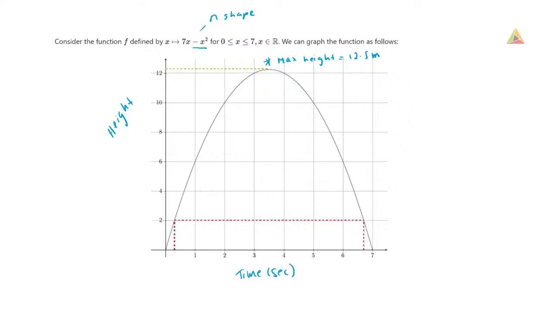Okay, so if we wanted to estimate the amount of time that the ball was more than 2 meters above the ground, so 2 meters is going to be here, height is in meters. Well, it was above 2 meters after this point here, so it's all of this area here. Okay, so we can draw a horizontal line at y equals 2 because you're told that it's greater than 2 meters. So we draw a horizontal line here.